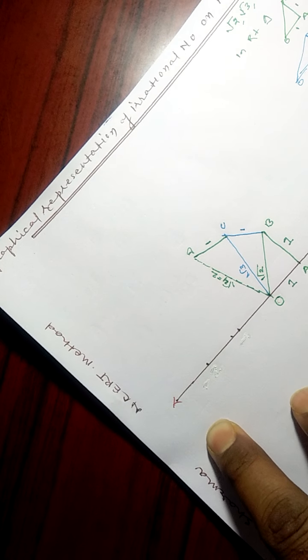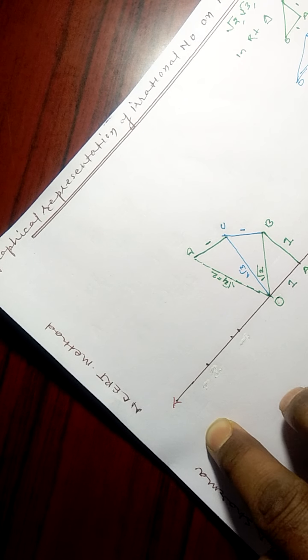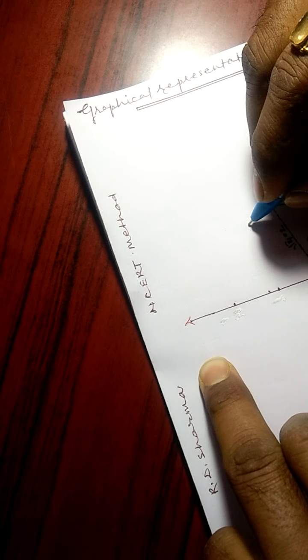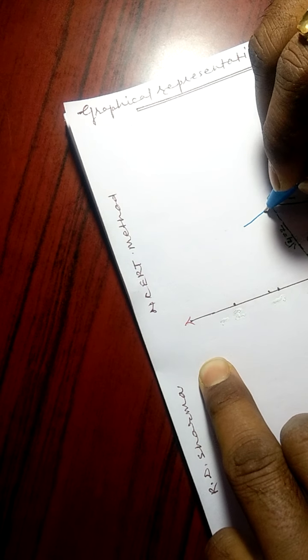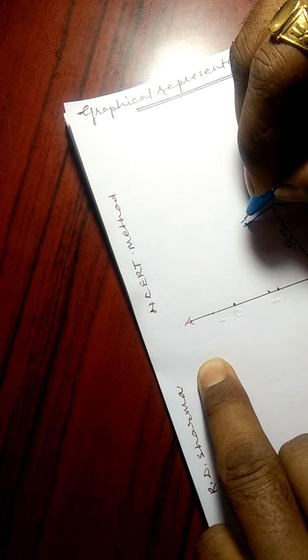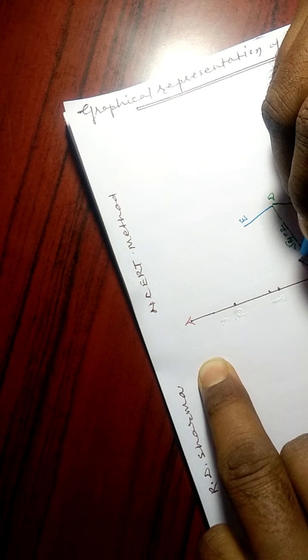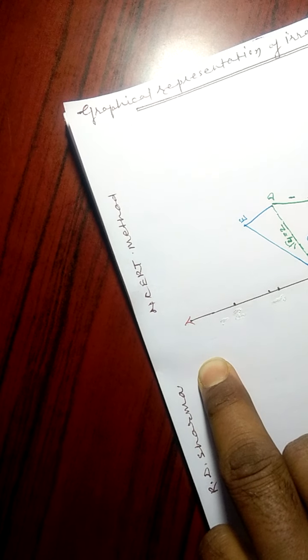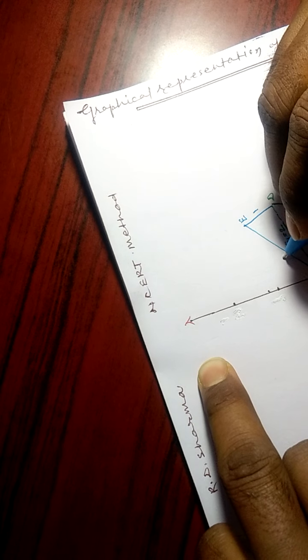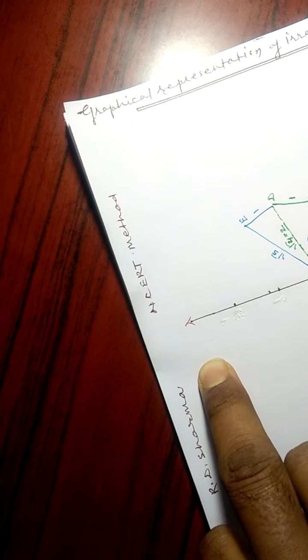And if we have to represent root 5, then again draw a perpendicular on this line OD. Now join these points OE. This is your 1 unit. So this OE will represent your root 5.